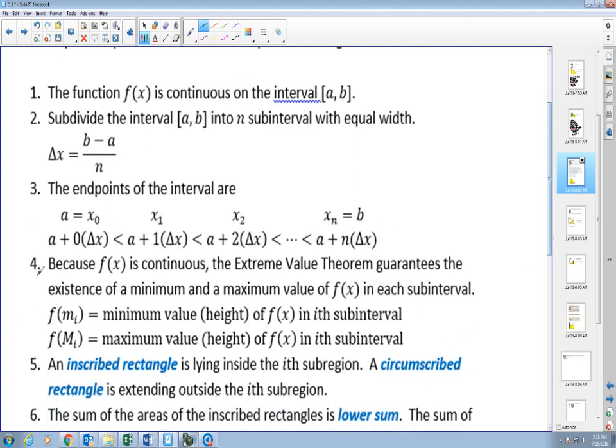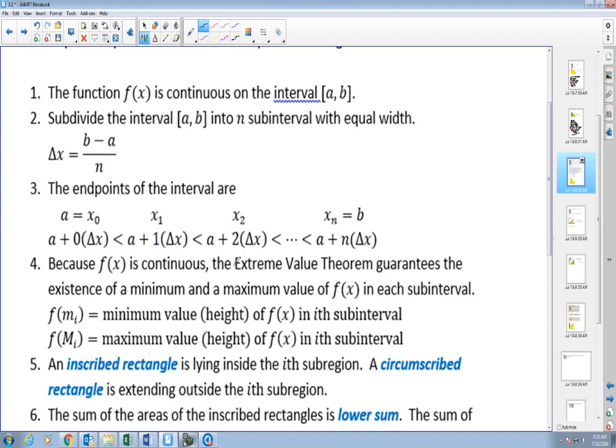So with these numbers, we can generalize them. The beginning of the interval, a, is equal to x of 0, so whatever a is plus 0 times delta x, the width. The next endpoint is the beginning a plus 1 times delta x.